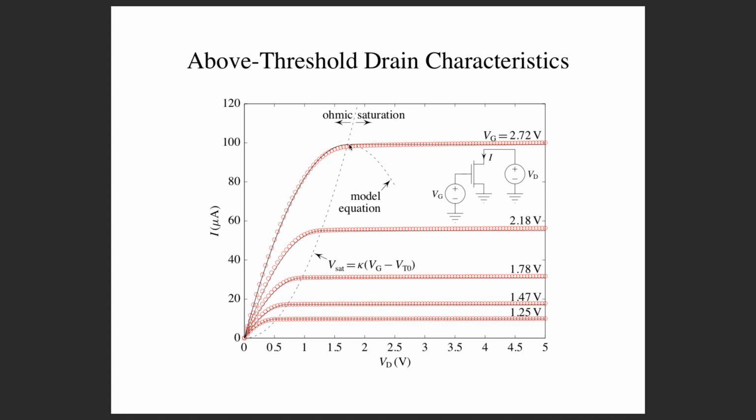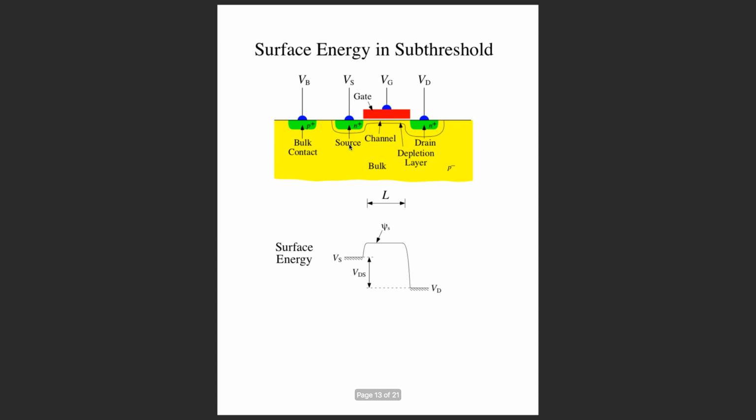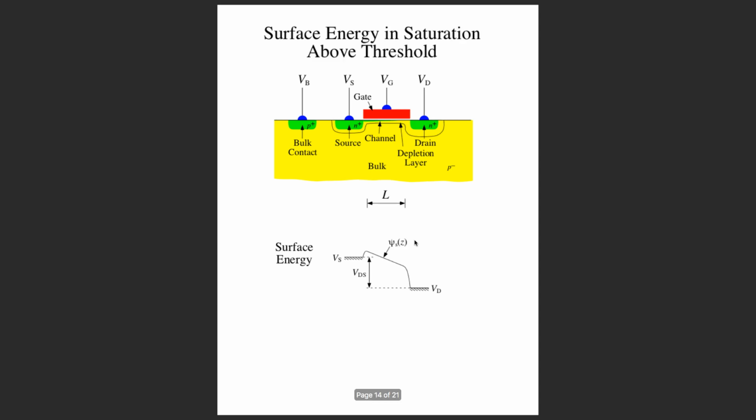Let's see what our next slide is. This is a plot showing what the surface energy looked like for an electron in the channel in weak inversion, where we had a constant surface potential, and we're going to think about what happens when we increase the gate voltage. If we increase the gate voltage some, we push down the surface, and eventually we get to the point where we have a very low energy barrier here at the source, and we can't push down any further.